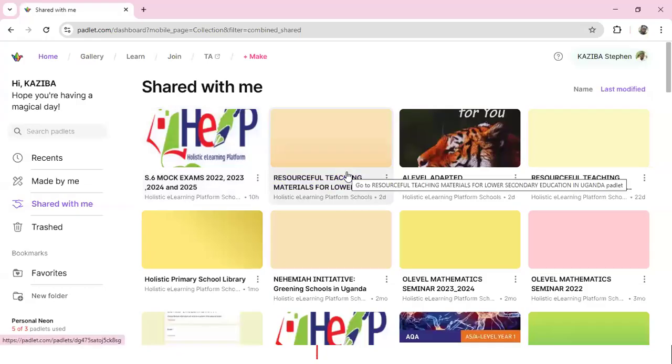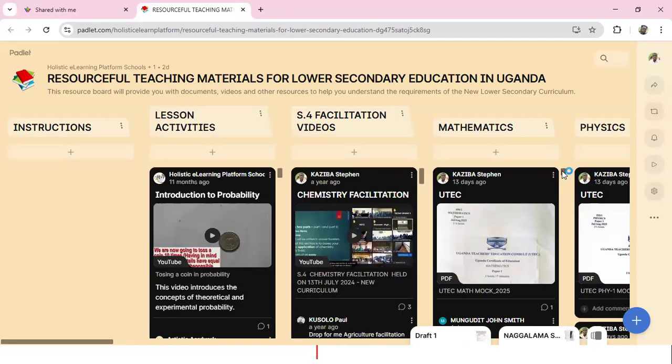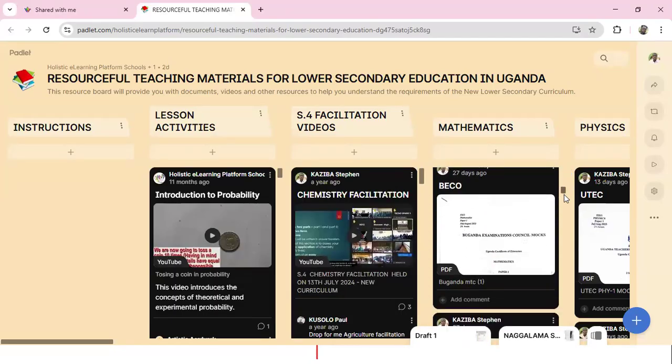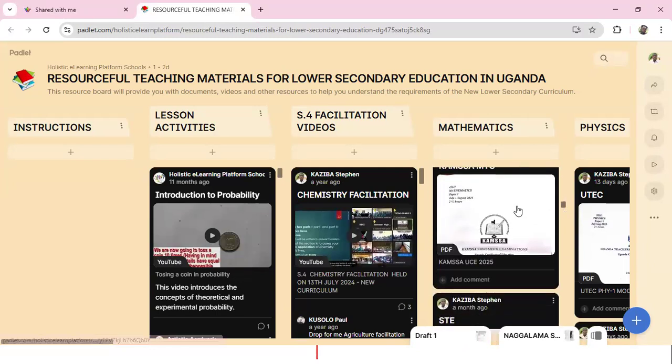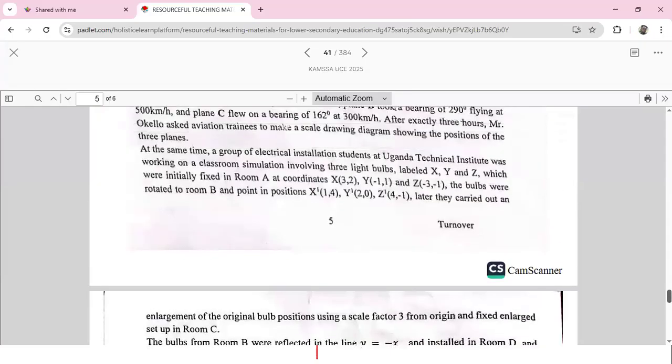Let me see whether I can get that paper of CAMSA, a proportion question. Ratios and proportions are mainly in number, item ones.